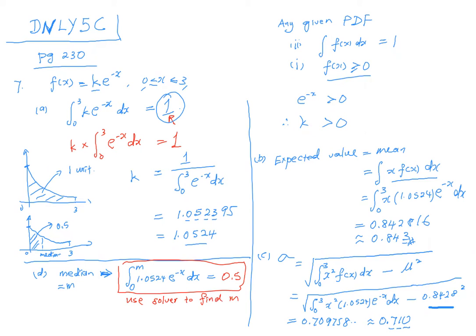Okay, hurry up. You see, Miss Do repeated so many times. If exam you still cannot do, I also don't know what to do. If you don't want to write like that, you also can write it this way. From median to 3, then the fx dx is equal to 0.5.